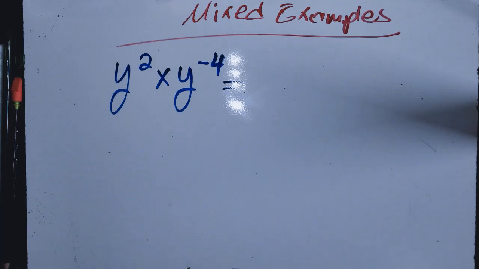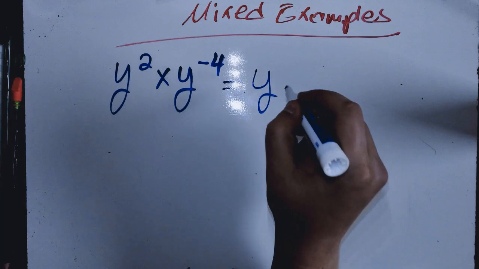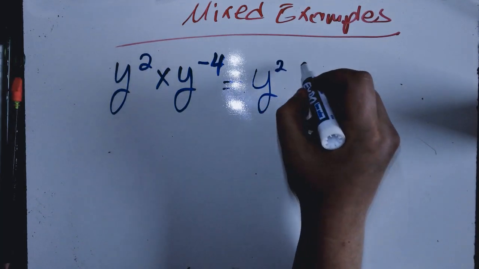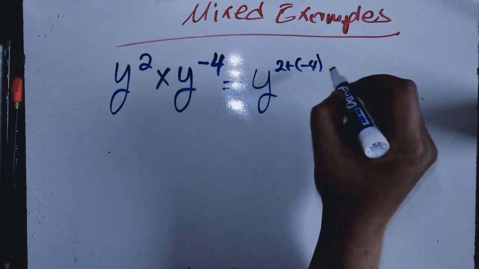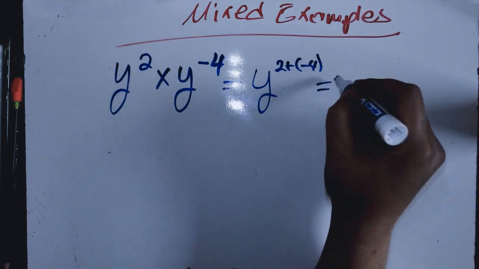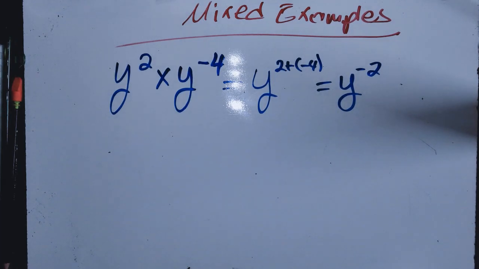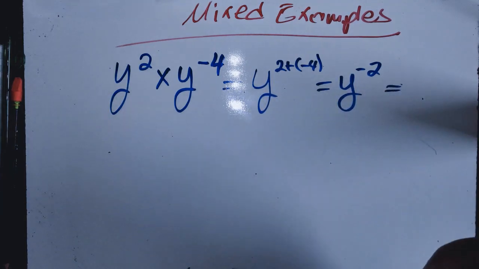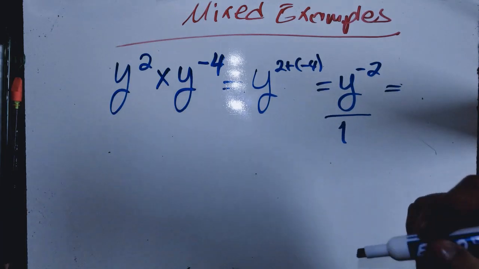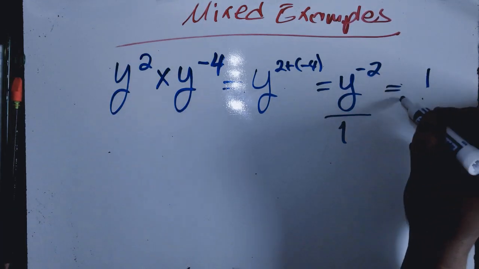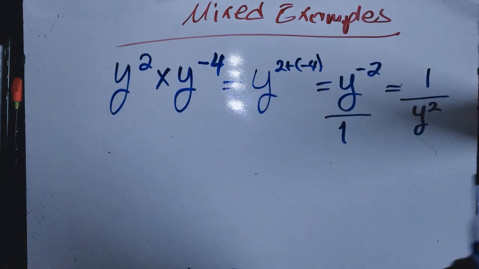This is just regular multiplication, so the rule says add the exponents. 2 plus negative 4, you will end up with y to the negative 2 power. And the negative exponent rule tells me to flip this over, because I can write it as y to the negative 2 over 1. Flip it, take the reciprocal, and make the exponent positive.